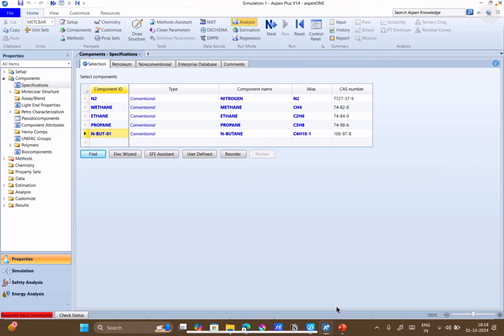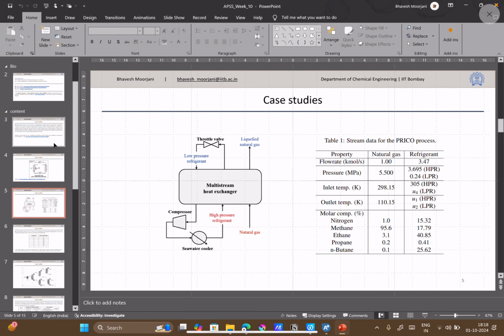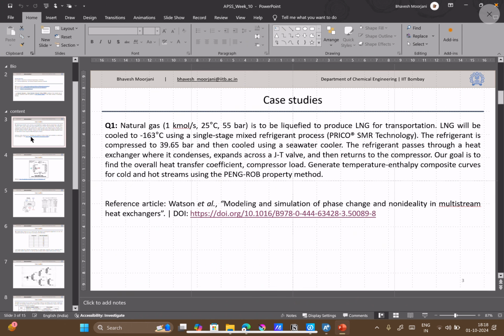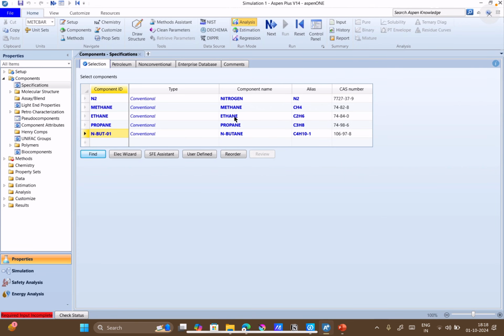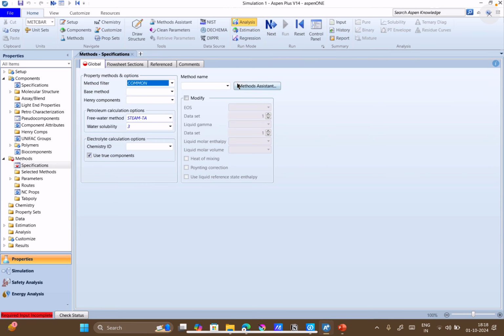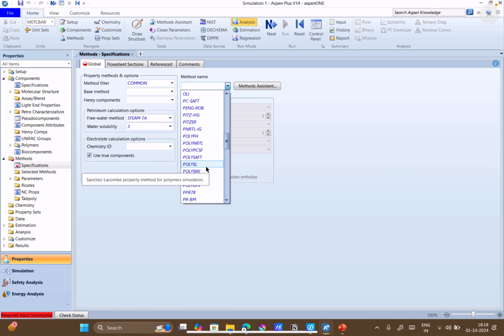Okay, so n-butane is added. Now the property method that has been asked of us is the Peng-Robinson equation of state, right? So we will use that, and in the property method, select Peng-Robinson.